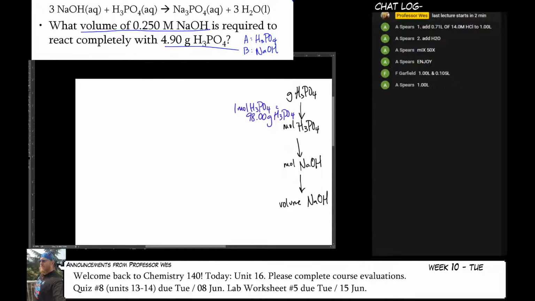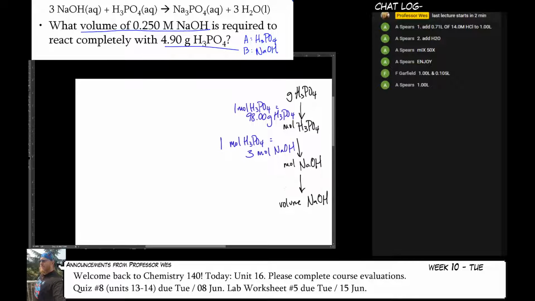Okay. For the moles of phosphoric acid to moles of sodium hydroxide, I just use the balanced chemical equation. So moles of phosphoric acid equals moles of sodium hydroxide, and I just grab the coefficients. What's the coefficient for phosphoric acid? 1. So for every 1 phosphoric acid I put in, I also put in 3 moles of sodium hydroxide, because the equation is balanced and tells me that.